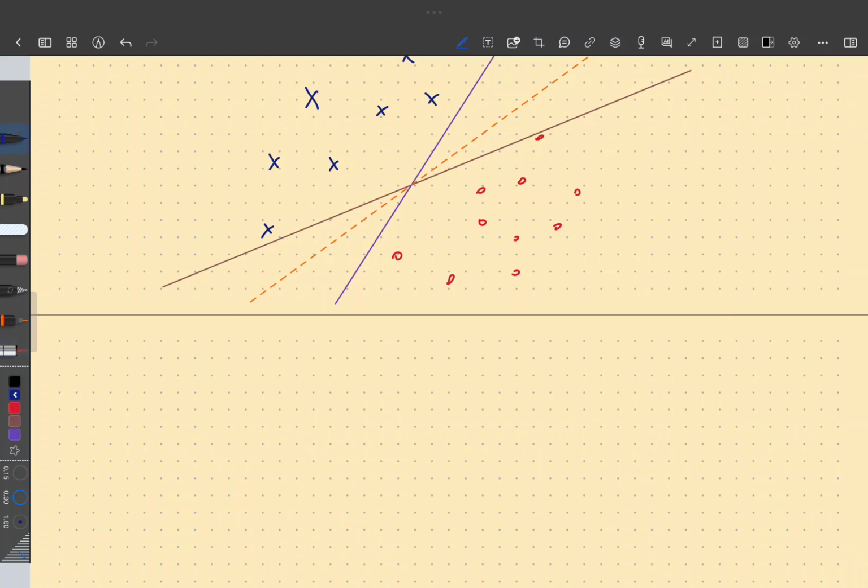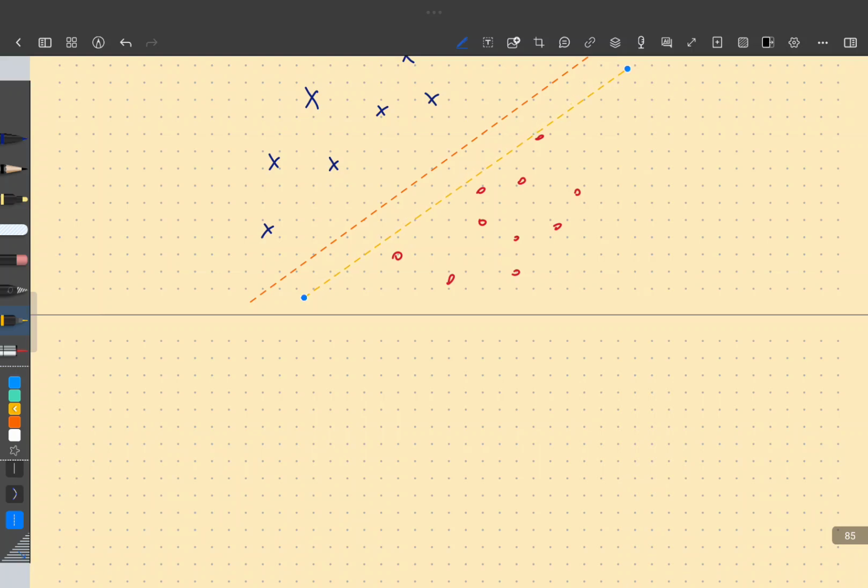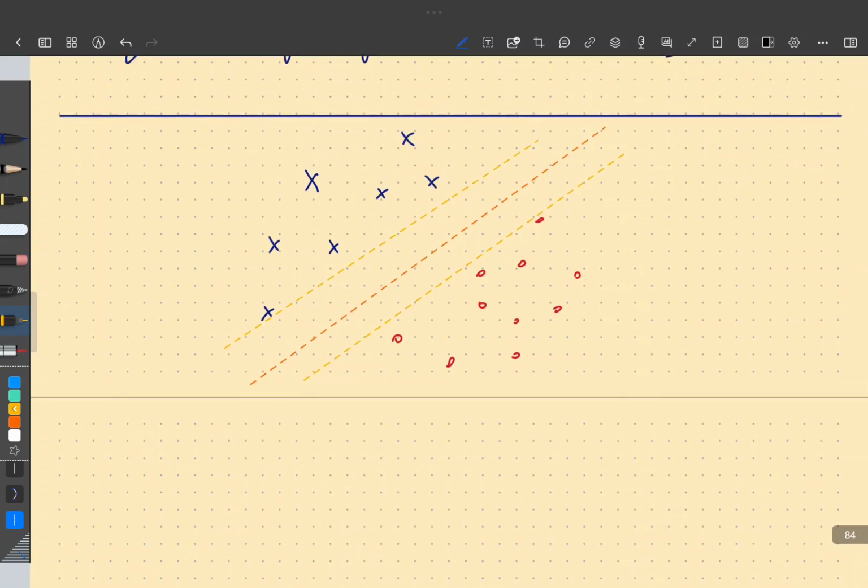And this sort of distance is what is called the margin. For the orange classifier, in some sense, you have some room around the classifier, and you want this region around the classifier where there are no points to be as large as possible.